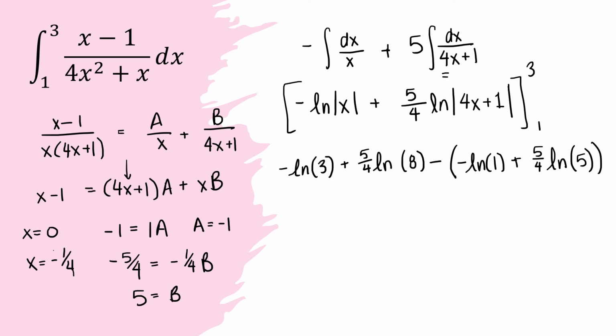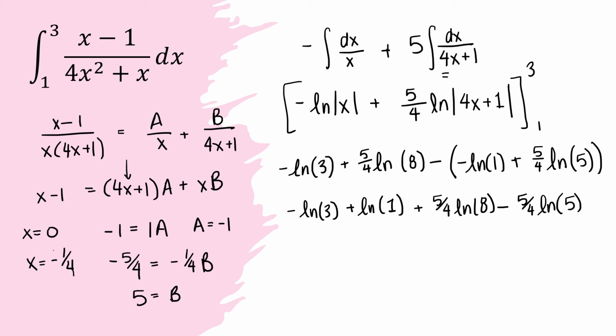Okay, we can simplify this a bit. This is really style points, what you want to go to. If we have negative ln of 3 plus ln of 1 plus 5 over 4 ln of 8 minus 5 over 4 ln of 5, we can create, using those log rules, ln of 1/3 plus 5 over 4 ln of 8 over 5.